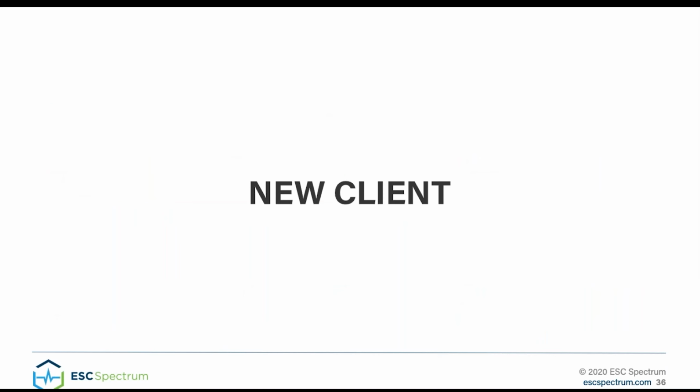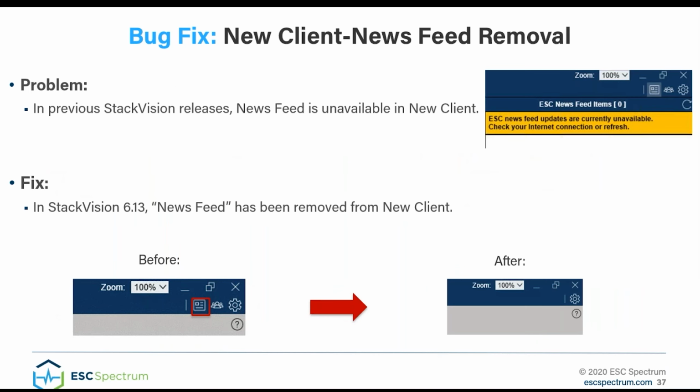New client. We had a problem in previous StackVision releases where the news feed was unavailable in the new client. So in 6.13, we have removed the news feed from the new client, and you will no longer see the icon here that has the red square outline.